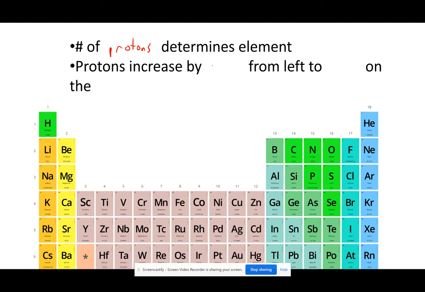And those increase by 1 from left to right on the periodic table. So every single element, as I move up the periodic table, from left to right, I'm increasing by 1 proton. And that's the only thing that determines what the element is.